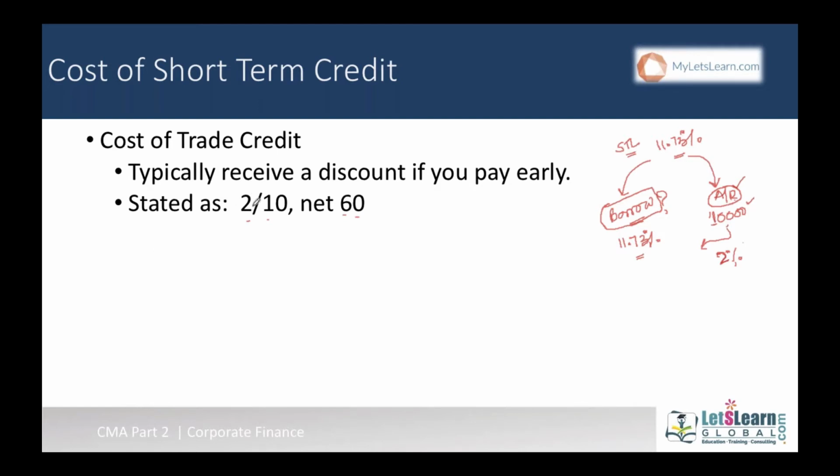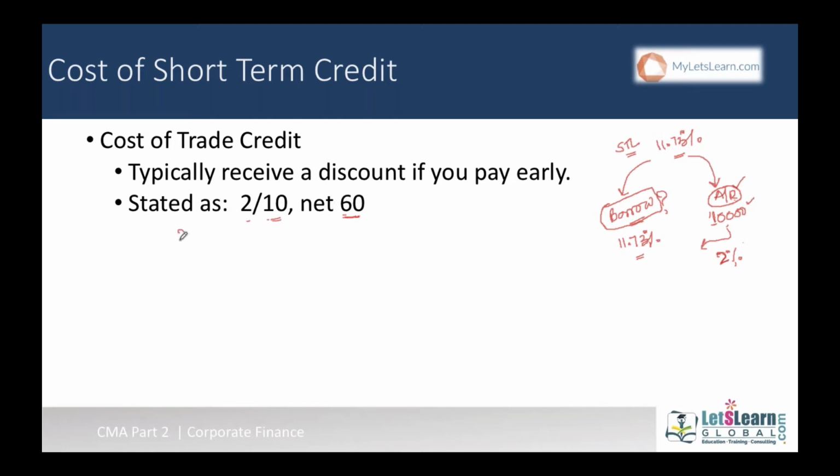A 2% discount will be given if the invoice is cleared within 10 days from the date of invoice. Else the customer has to pay the full amount of the invoice on any day between the 11th and 60th day.